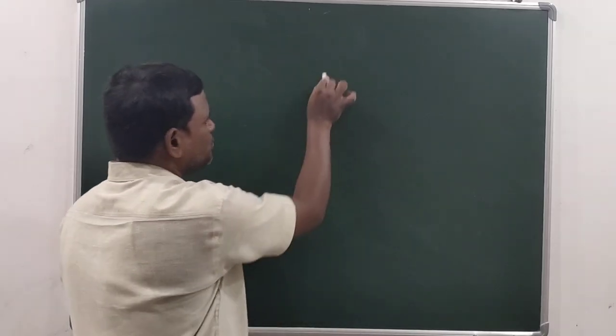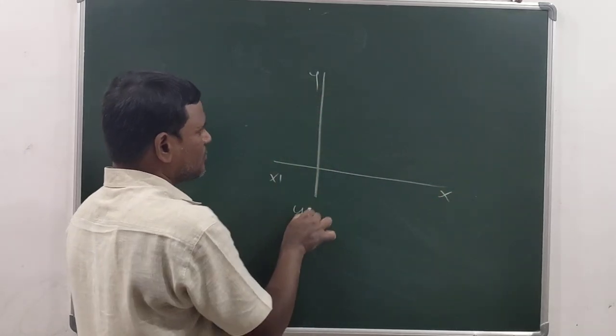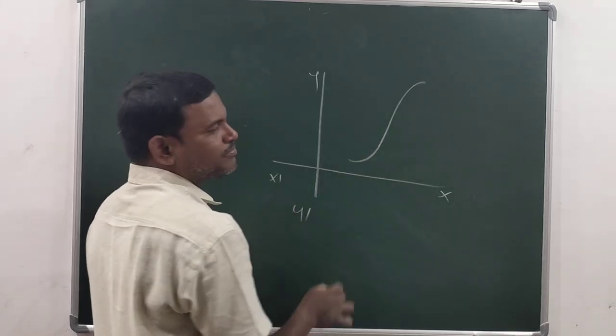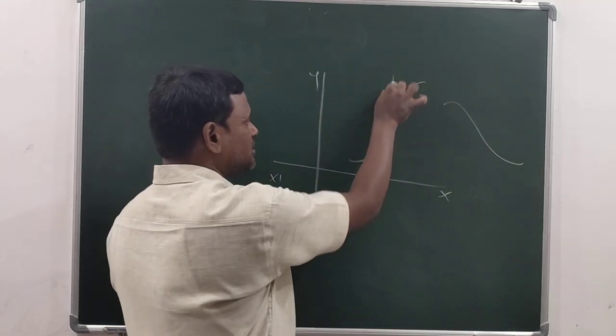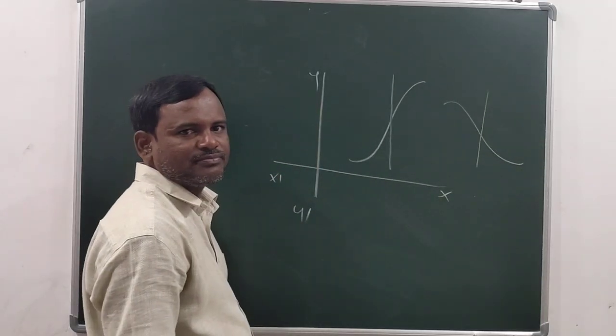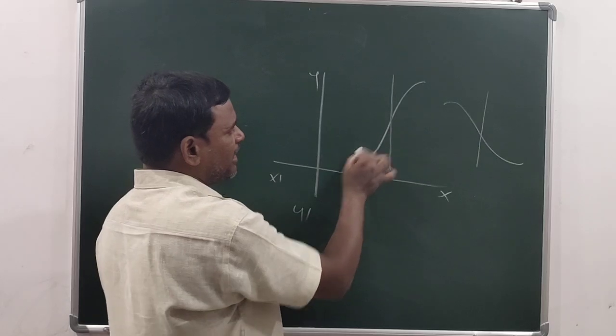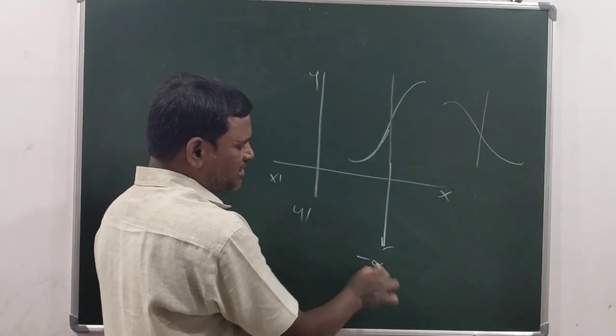Sometimes you get a graph of a function like this. Either it may be increasing or decreasing. Here, this is a vertical tangent. If you find the left-hand derivative for this, it is going down, meaning it attains minus infinity.